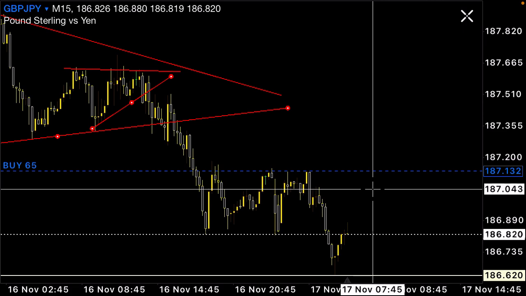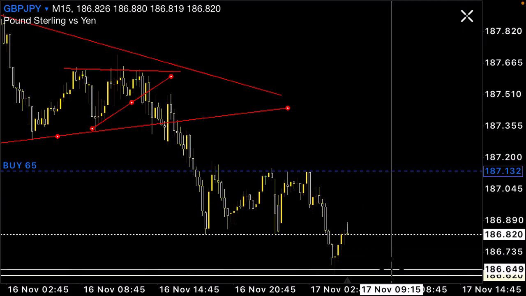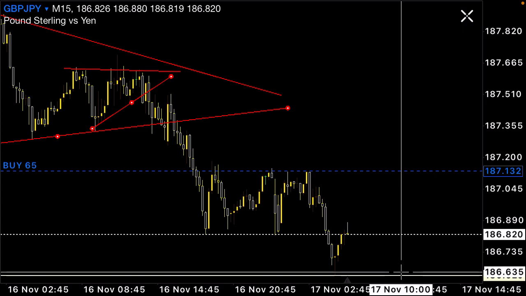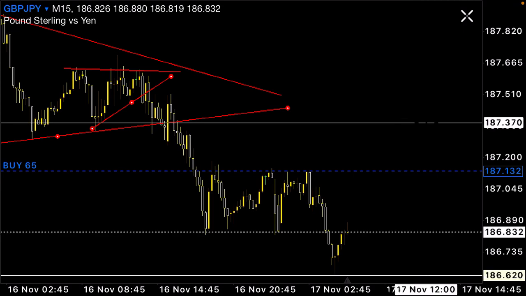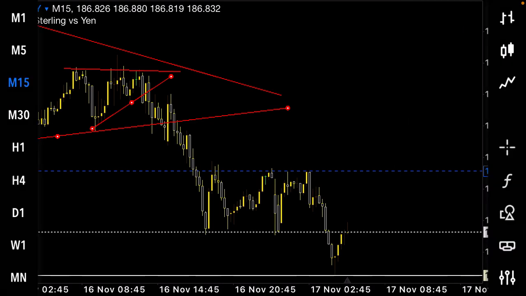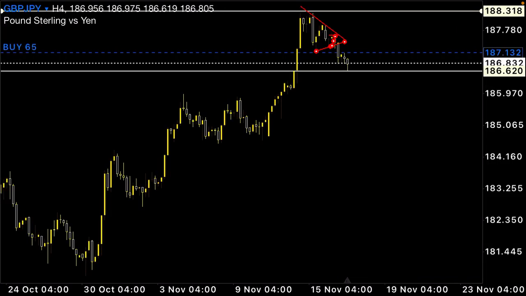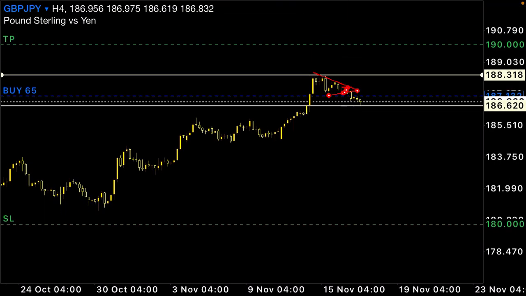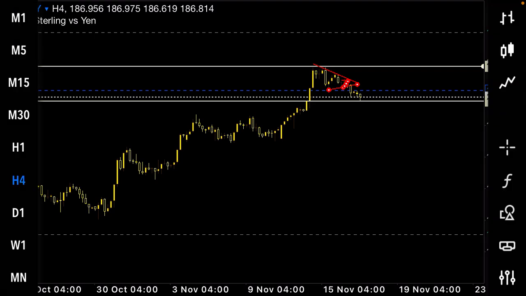But I decided not to put one in, but I actually just put one way down here, just to keep the habit of putting one on there. But when I go to a higher time frame, like I said, there's the stop down there.